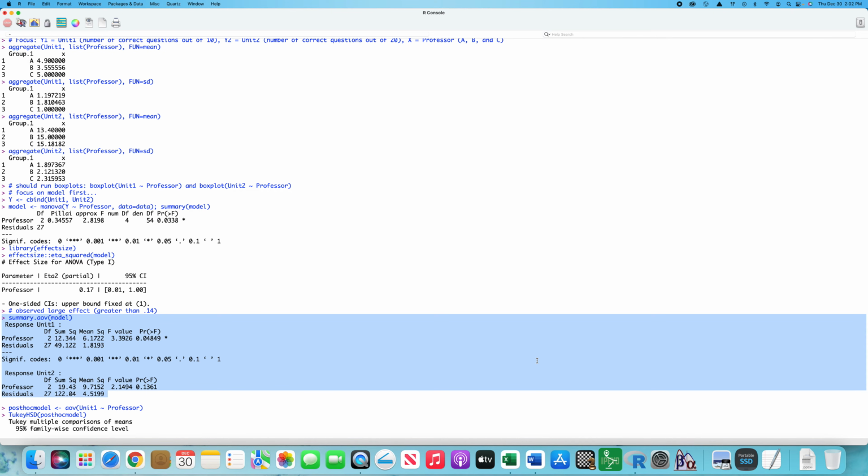So what we're going to do here is we're going to inflate the type 1 error rate. Some people say that what we should do is we should adjust the alpha level by the number of groups that we have. Now, okay, so here's, that wasn't very clear. We have two dependent variables here.